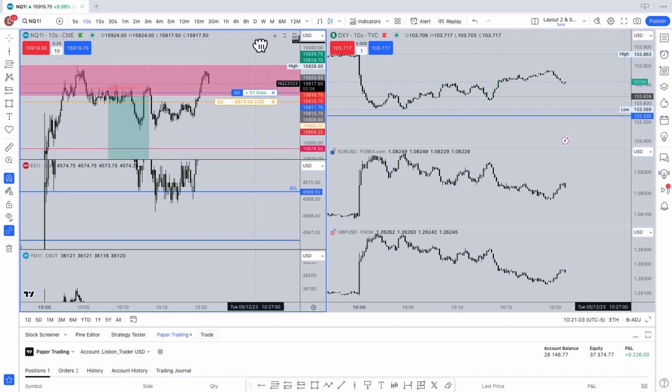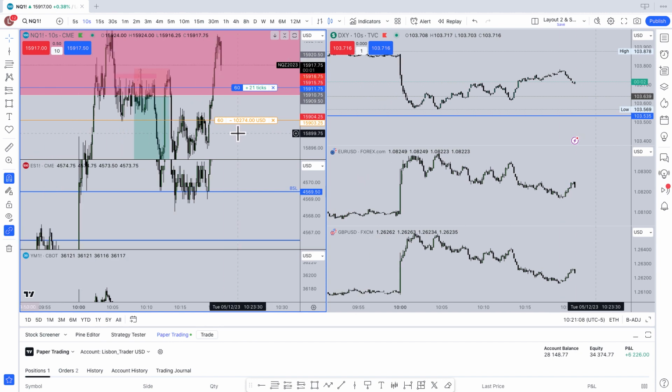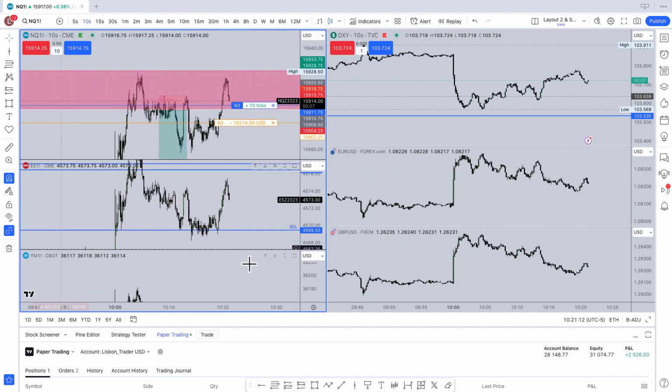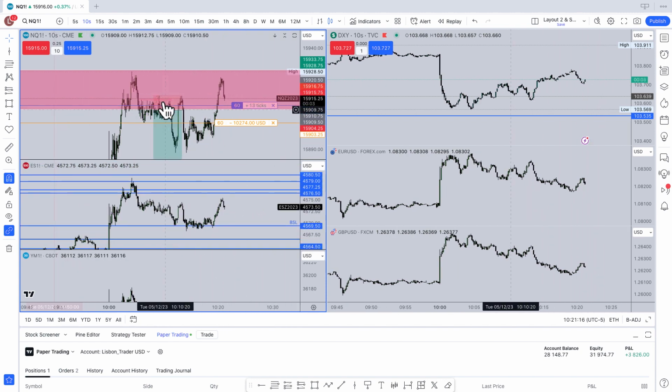So the investment would be 10k here below.